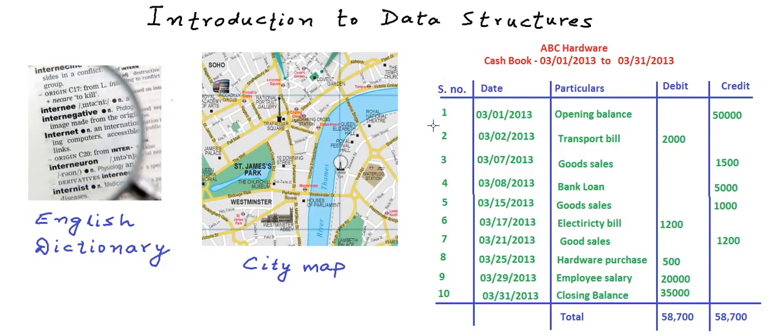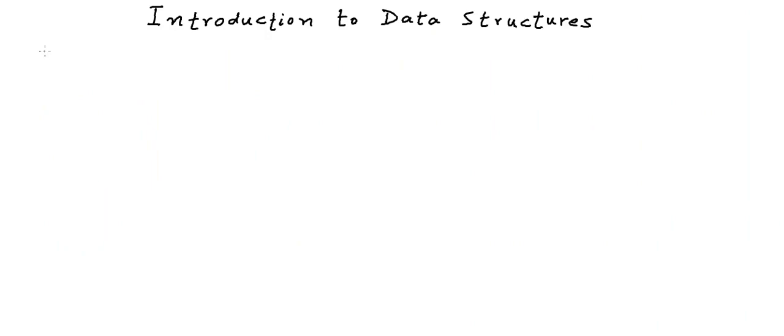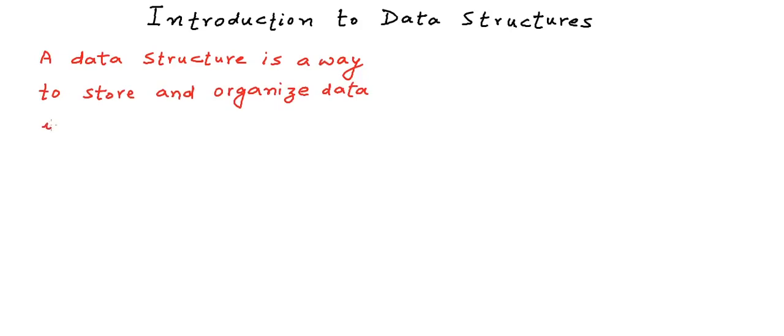Formal definition of a data structure would be that a data structure is a way to store and organize data in a computer so that the data can be used efficiently.